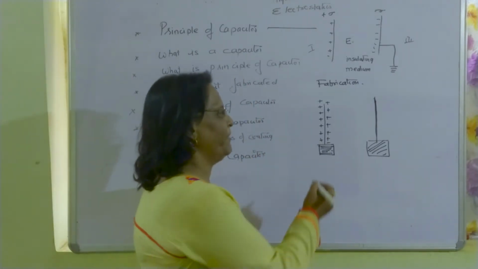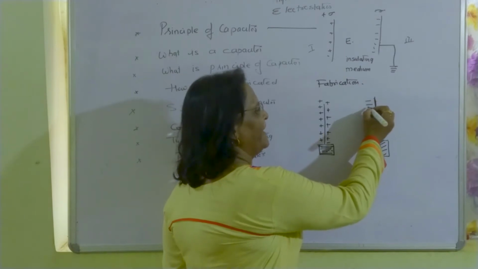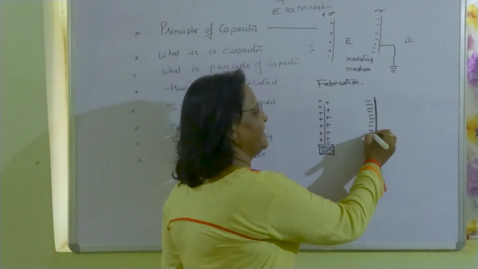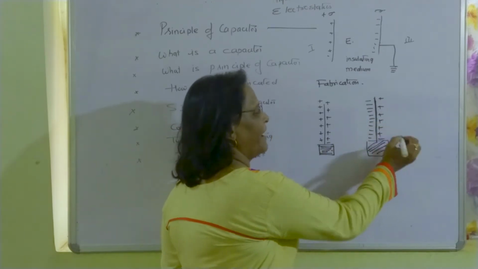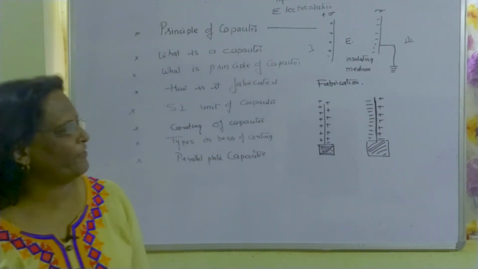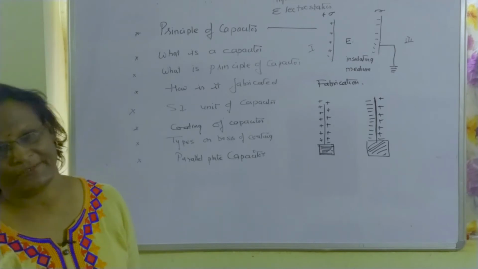Because of induction, all the negative charges will move towards the left-hand side and all the positive charges towards the right-hand side. So now there exists a potential difference.